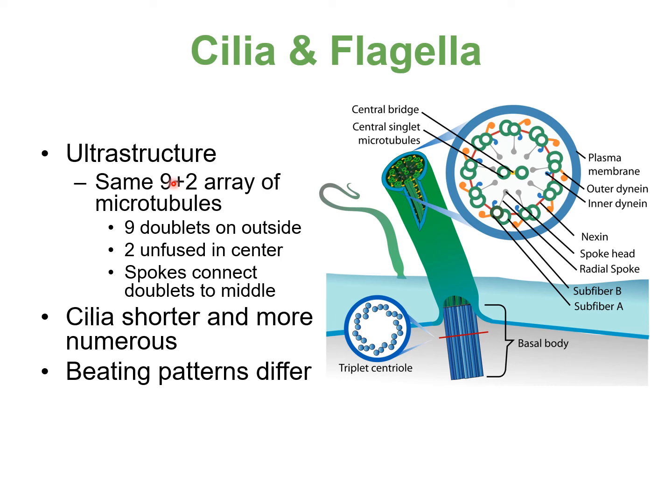They call it the 9+2. 1, 2, 3, 4, 5, 6, 7, 8, 9 plus 2 in the center. The microtubules have proteins connecting them that move back and forth, making that long flagella beat back and forth.